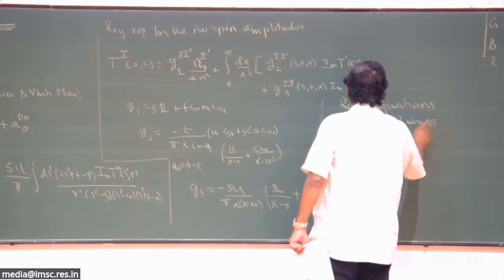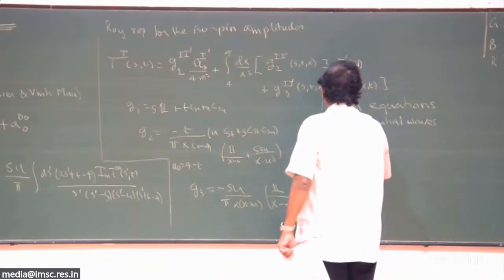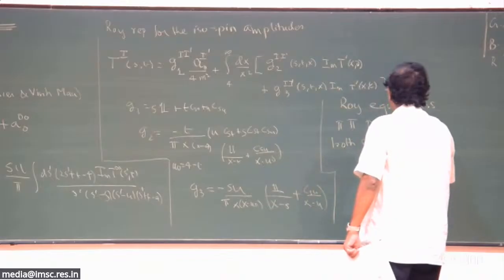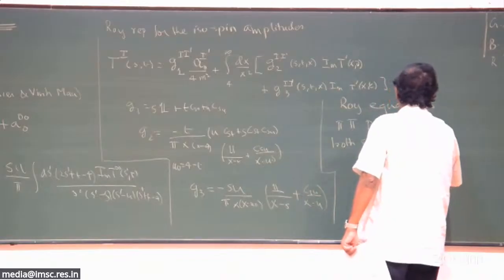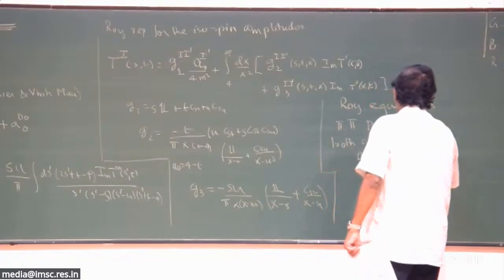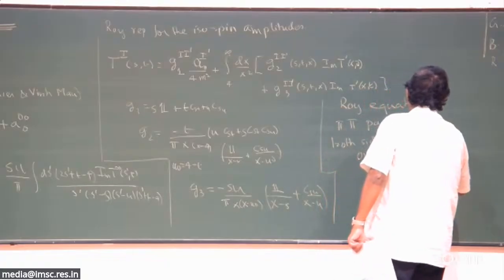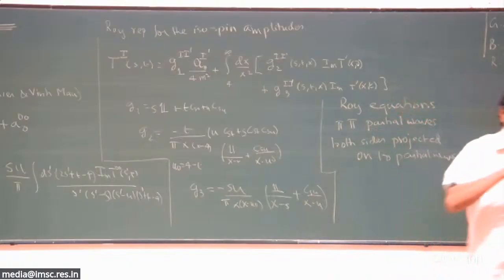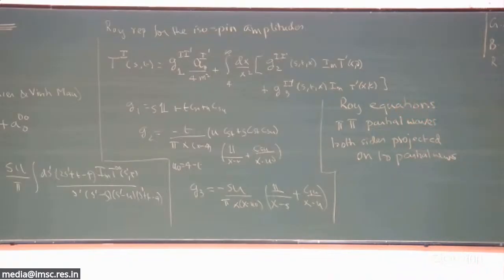So both sides are projected onto partial waves. How do you do that? Well, you multiply by the relevant Legendre polynomial, and then you integrate from minus 1 to 1 over cosine theta.